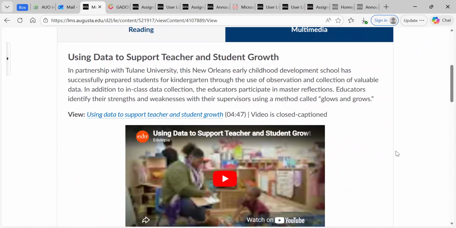We've got a few videos. So this one is talking about using data to support teacher and student growth. So not only does this data inform us of student learning, but it also tells us about our effectiveness as an educator, right? So this talks about a method called GLOWs and GROWs.